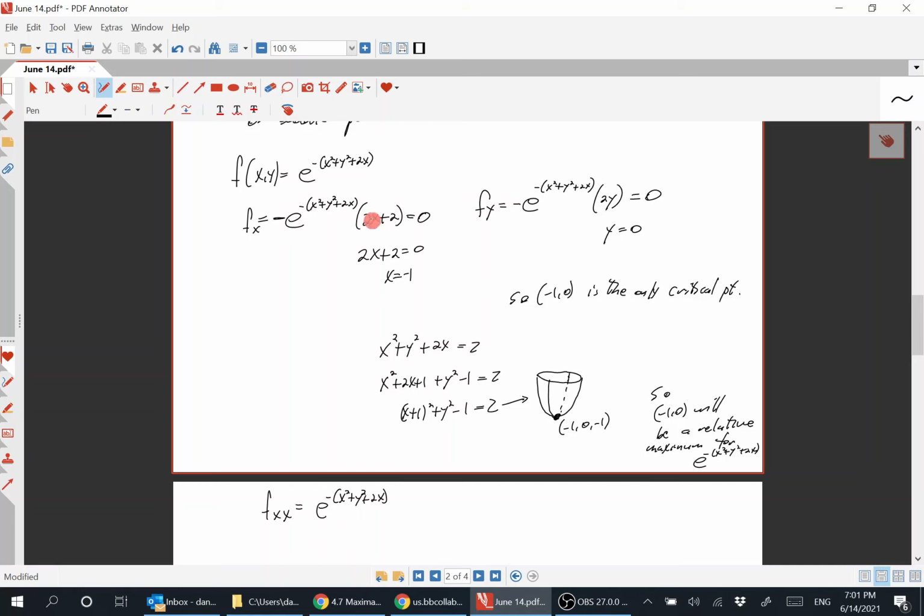So that negative goes away, and here we'll get (2x plus 2) squared plus the derivative of the 2x plus 2, which is just 2, times that. So there's going to be a minus there.